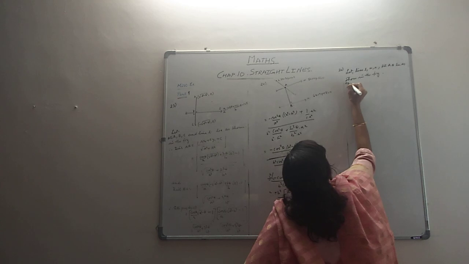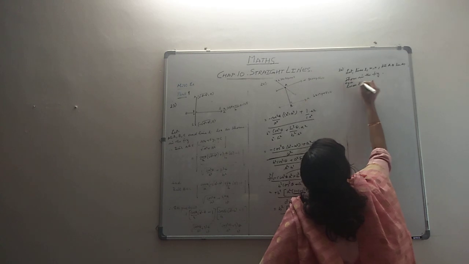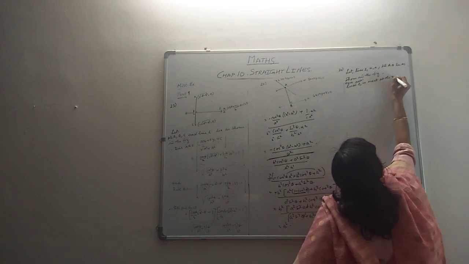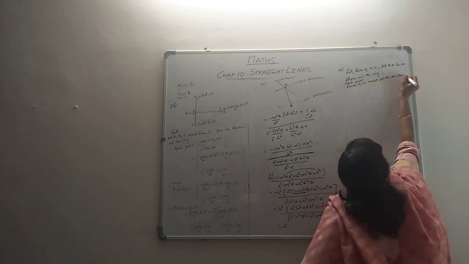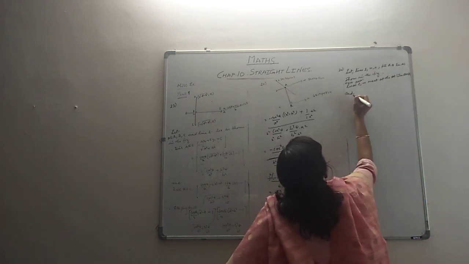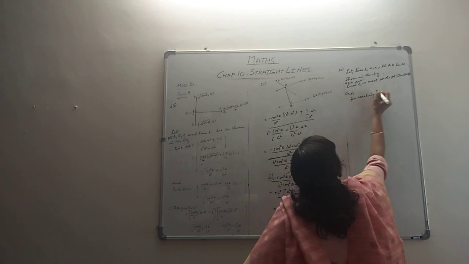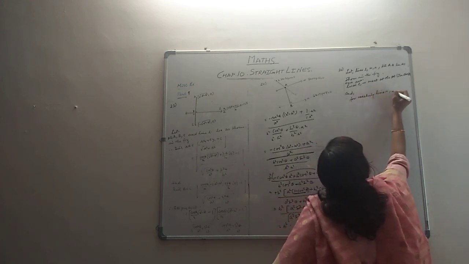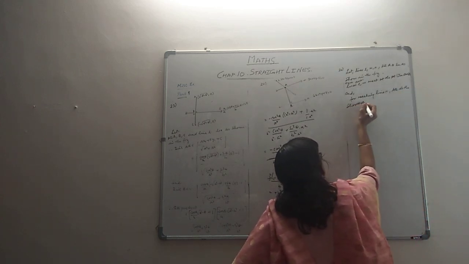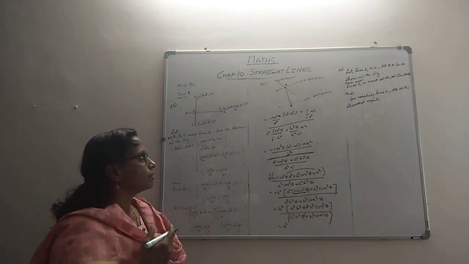Lines L and M, routes, meet at the point or junction A, and for reaching line N, AB is the shortest route. That's how we explain. Now we'll solve.